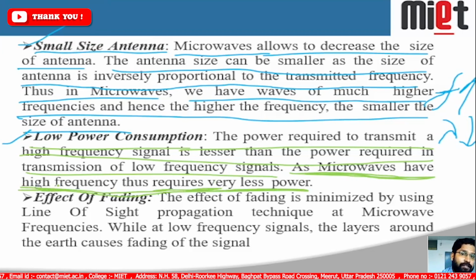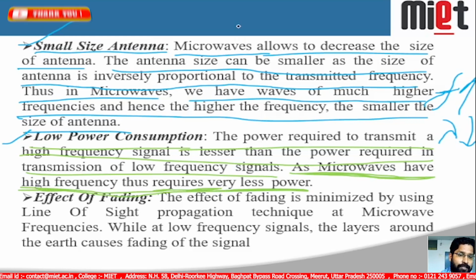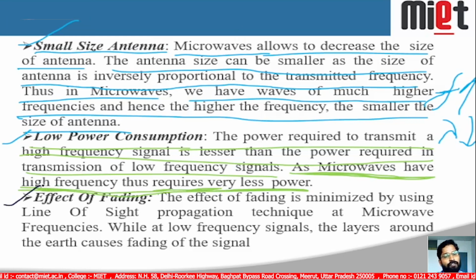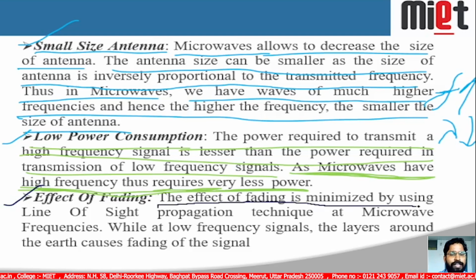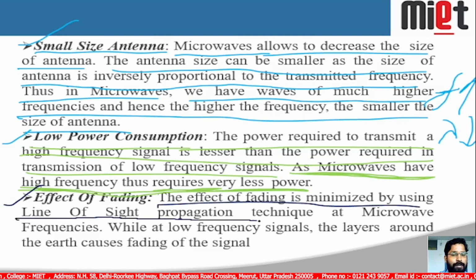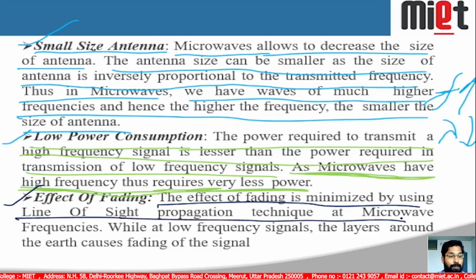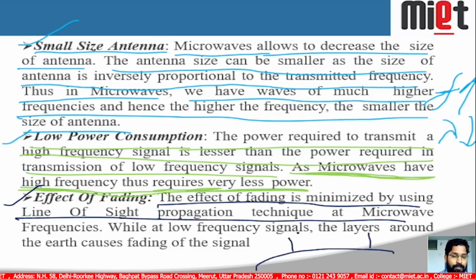Now we discuss the effect of fading. Fading means that losses occur. The effect of fading is minimized by using the line of sight propagation technique. In the previous slide, we discussed what line of sight means: the antennas are in front of each other.